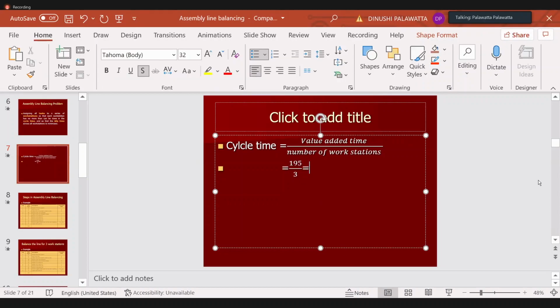So then we use the calculator: 195 divided by 3, we get 65. So actually this is the optimal cycle time.